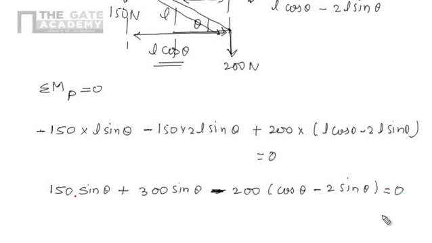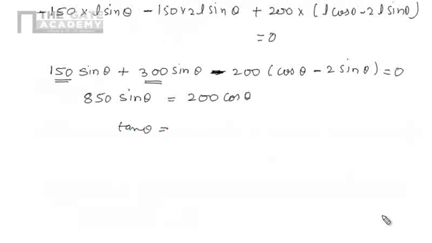If we solve this, we have 850 sin theta, because 150 plus 300 plus 400 plus 0 gives 850, equals 200 cos theta. So tan theta will be 200 by 850.